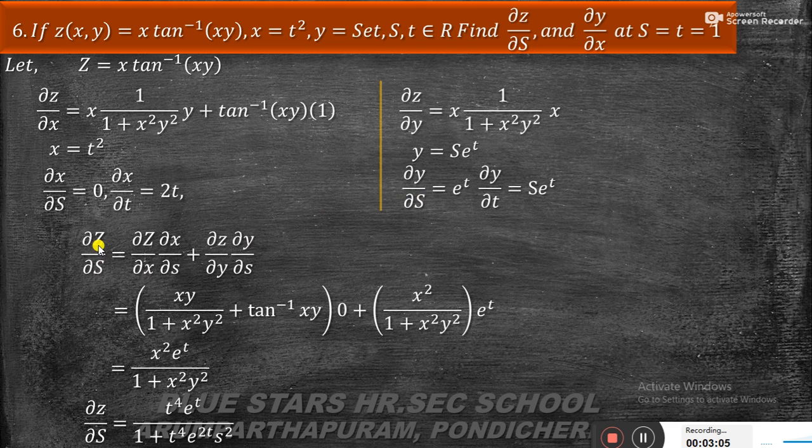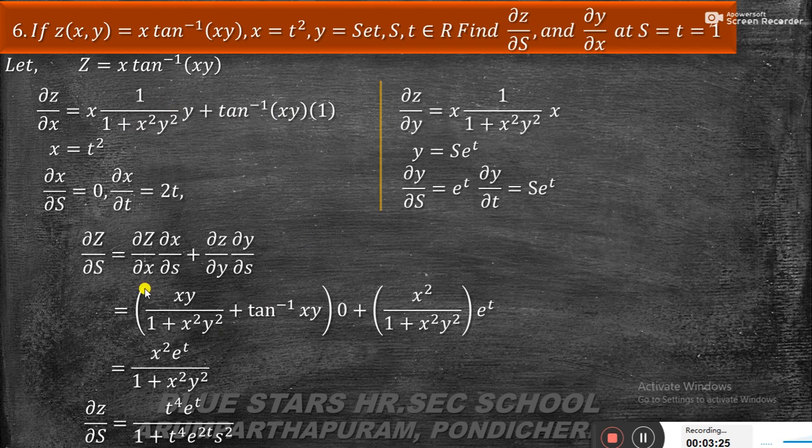So next now we calculate ∂z/∂s. ∂z/∂s means ∂z/∂x into ∂x/∂s plus ∂z/∂y into ∂y/∂s. ∂z/∂x we already calculated: xy by 1 plus x square y square plus tan inverse xy.